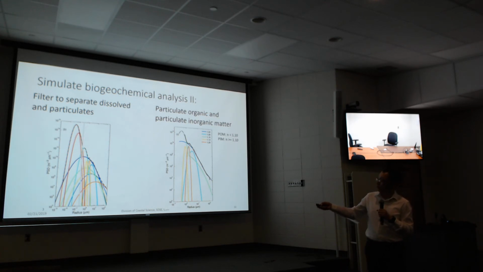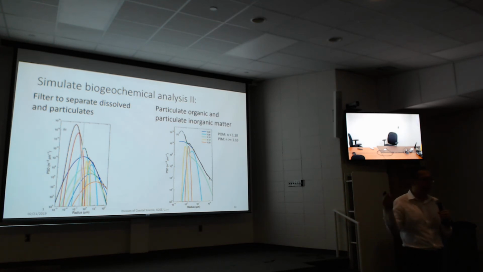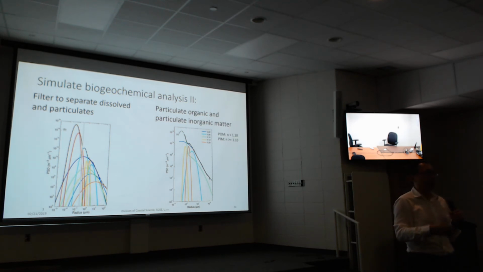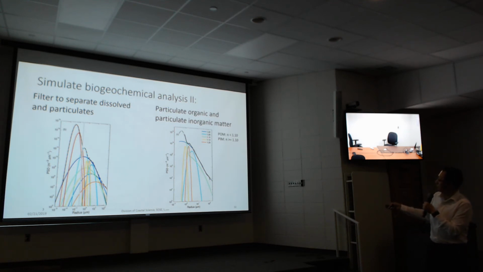What I do is pick all of the particles on the right-hand side of this 0.2, or bigger than this. We take them out, and then we group them together by their refractive index. Remember, this refractive index tells us what type of particle it is, organic or inorganic. So I group them together by their refractive index. This is what they look like.